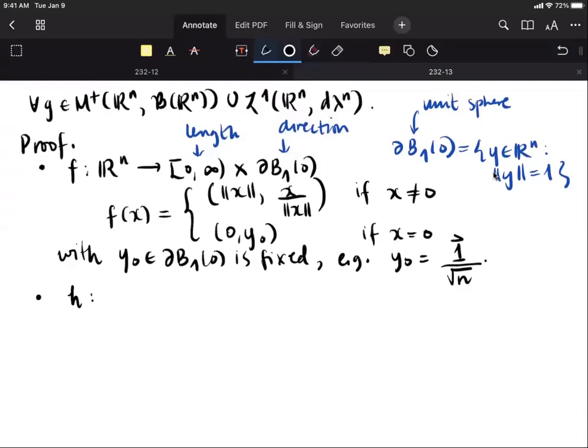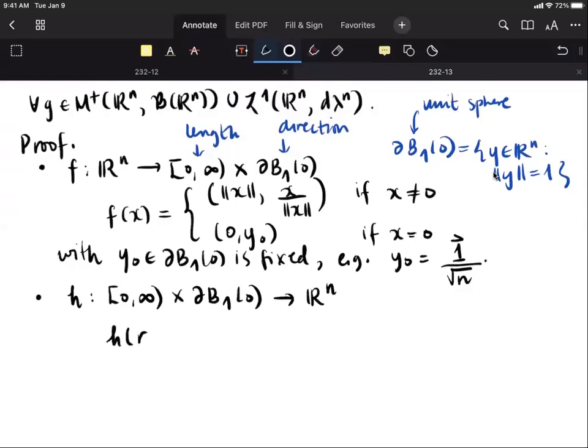So here we define this map h onto R^n as follows.